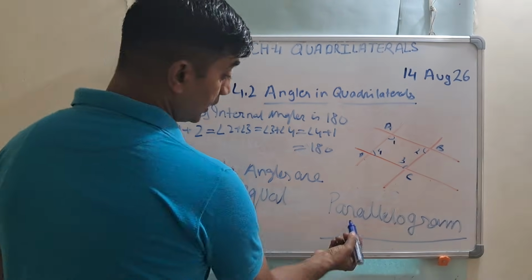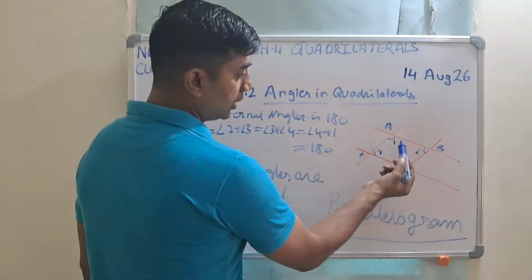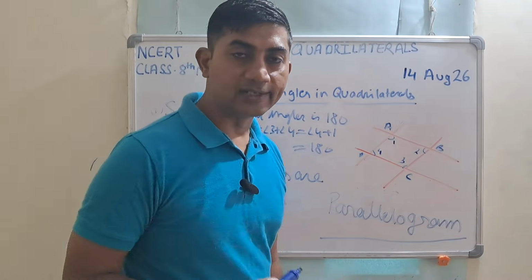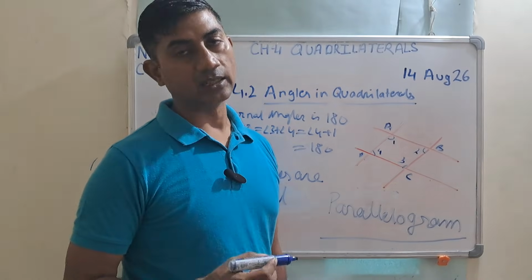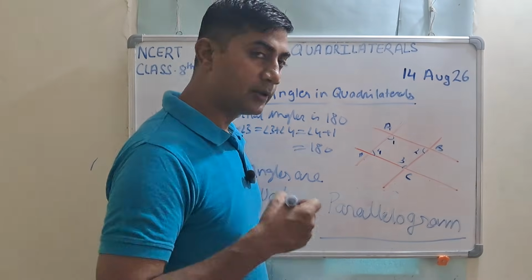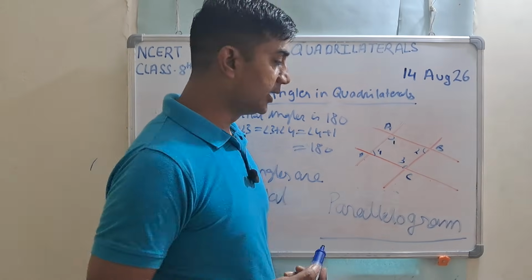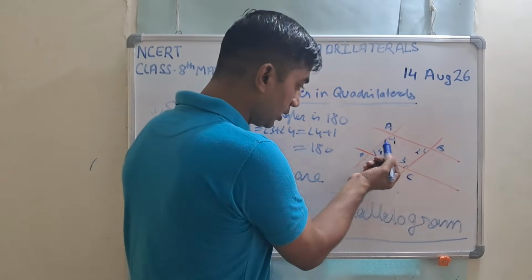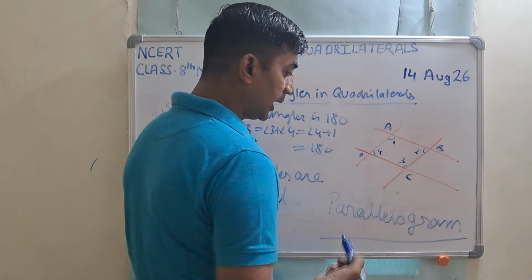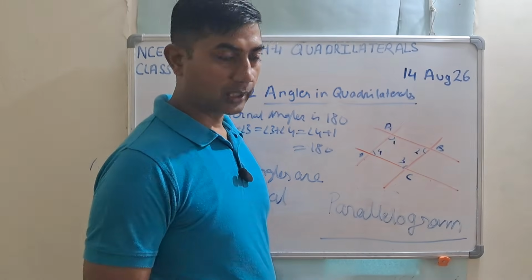What do we call it? Parallelogram. Since in a quadrilateral, when opposite sides are parallel, we simply call it a parallelogram, and in a parallelogram the consecutive angles sum is 180 degree and the opposite angles are equal. Understood?